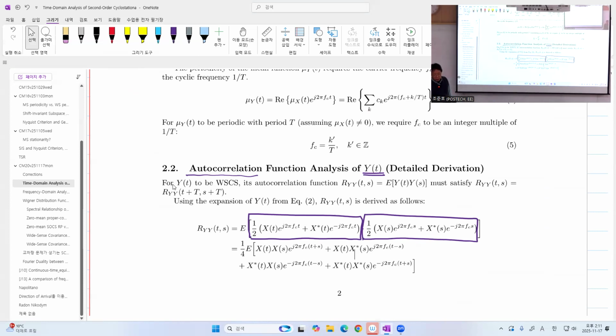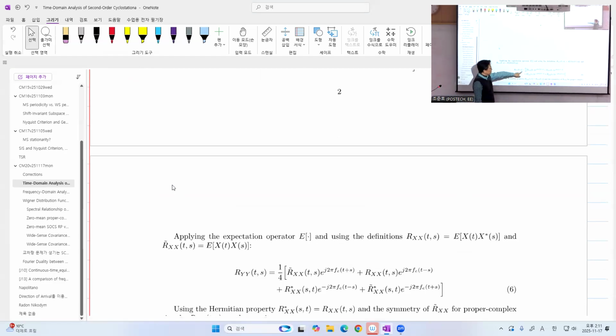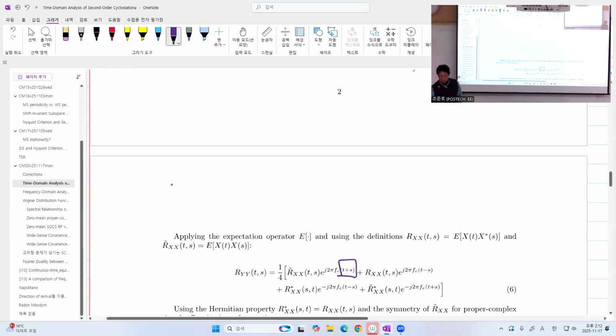Then we can rewrite this one like this. So the real valued bandpass random process equals 1/4 of the complementary autocorrelation function times e to the j 2 pi fc, then we have t plus s.